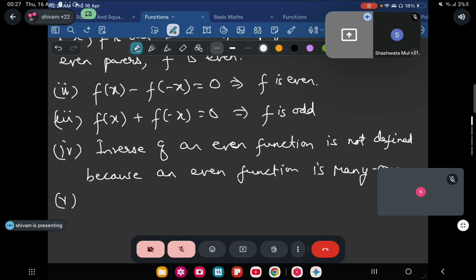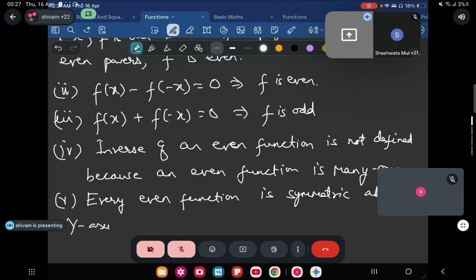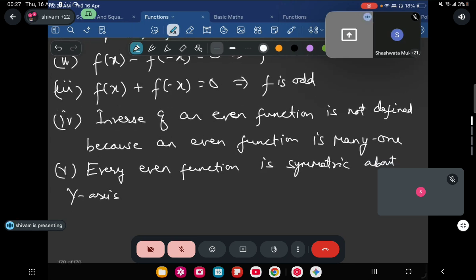Next, part 5. Every even function is symmetric about y-axis, and every odd function is symmetric about origin.